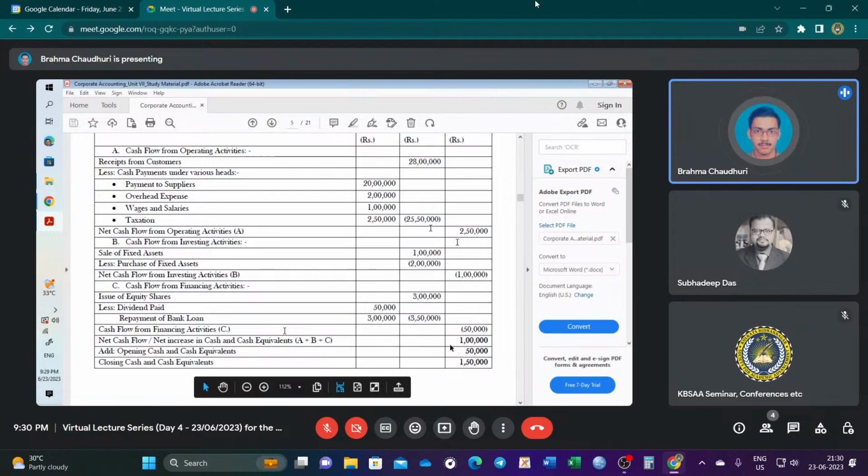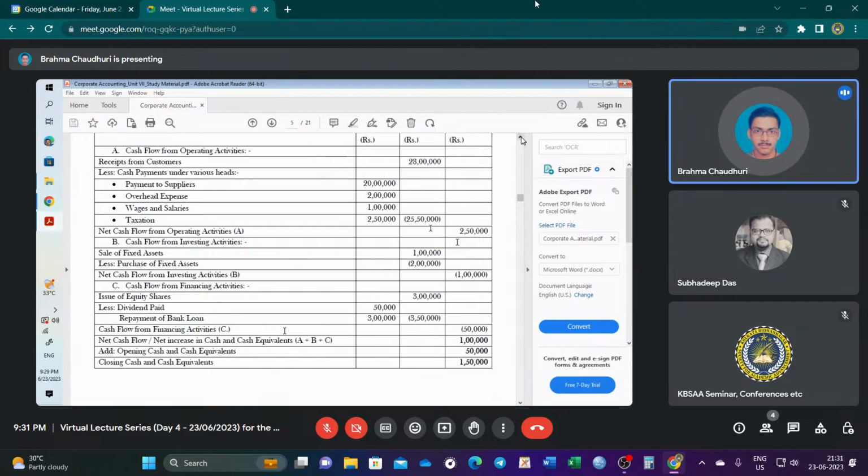So the cash and cash equivalent balance has increased by 1 lakh during this particular accounting period, from the opening date of the balance sheet to the closing date of the balance sheet. That means there has been a net increase in cash and cash equivalents of that business firm of rupees 1 lakh during that accounting period. So 1 lakh is the net cash flow. We have arrived at that particular figure.